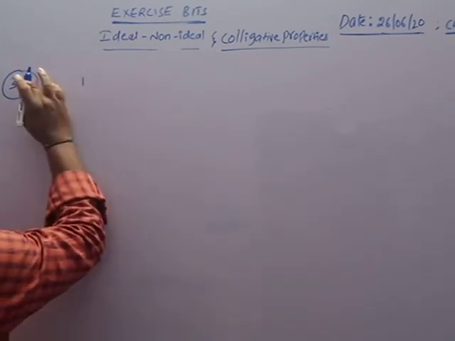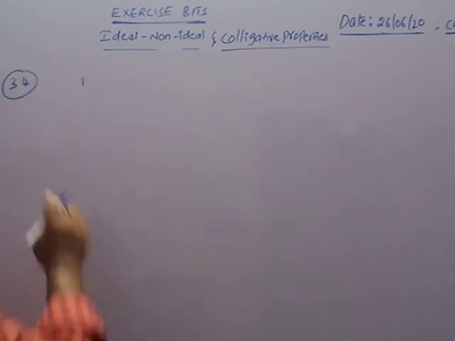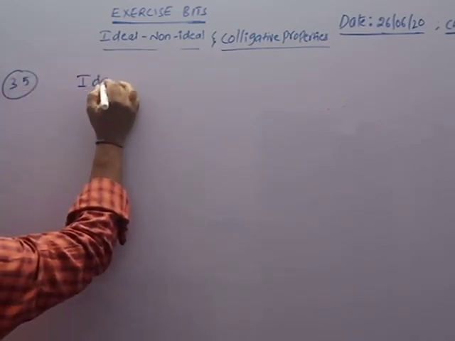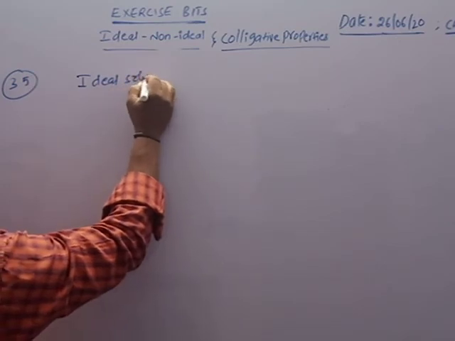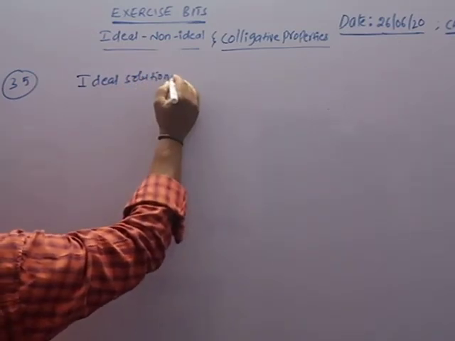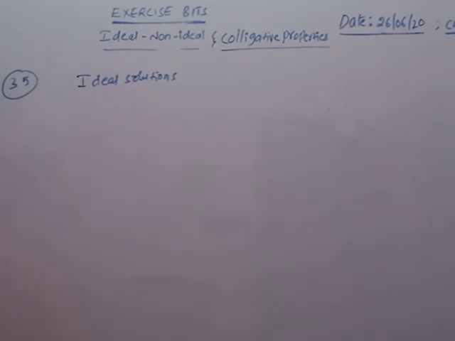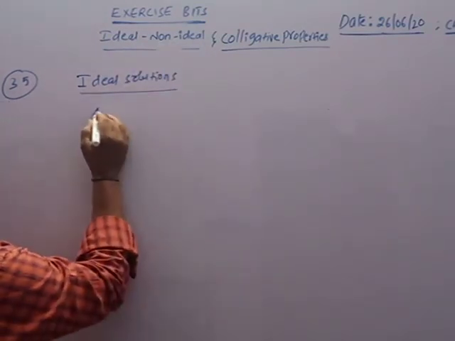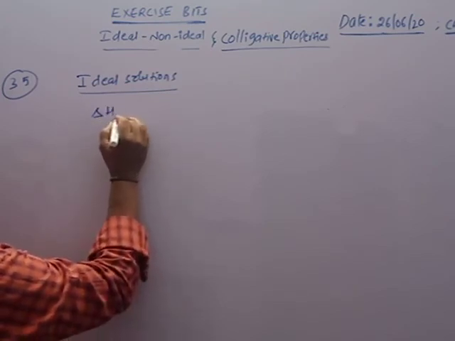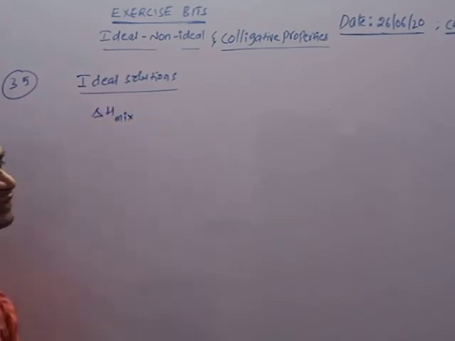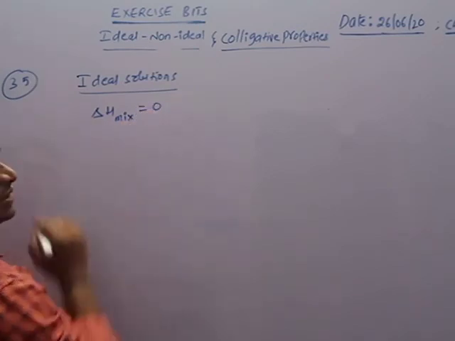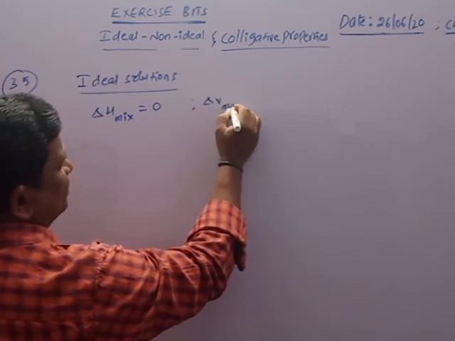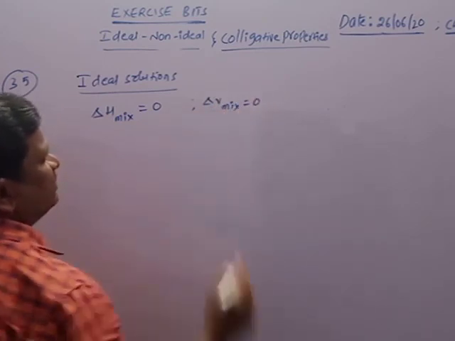So in bit number 35, ideal solutions obey Raoult's law. For ideal solutions, the change in enthalpy of mixing, delta H mixture, is equal to 0, and likewise the change in volume of mixing, delta V mixture, is also equal to 0.